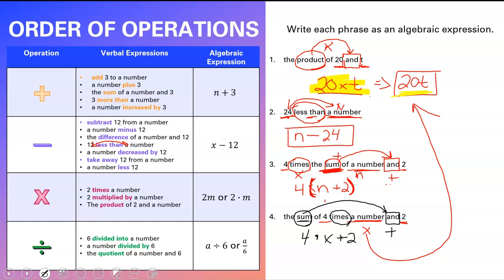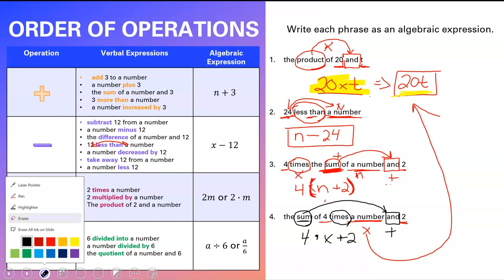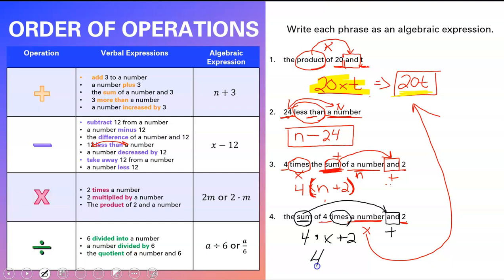The sum of 4 times a number and 2, which means we're taking all of this as one expression. So we don't need the parentheses like we did in the previous one. So it's literally 4x plus 2. Done. Okay?